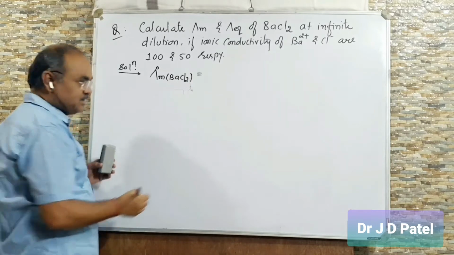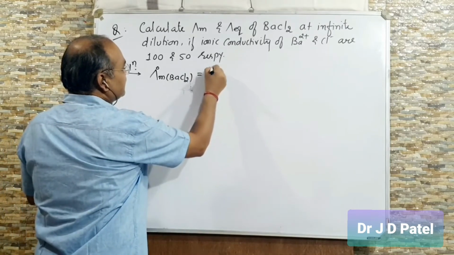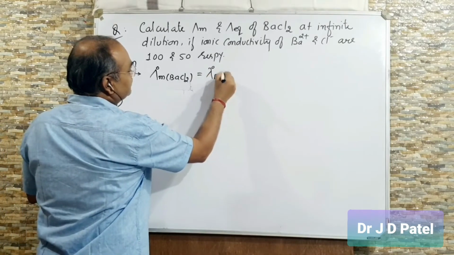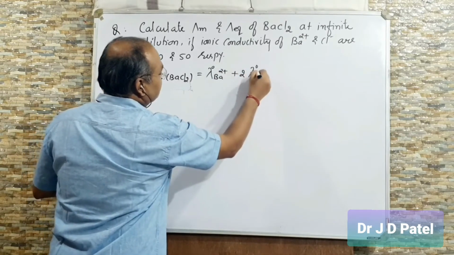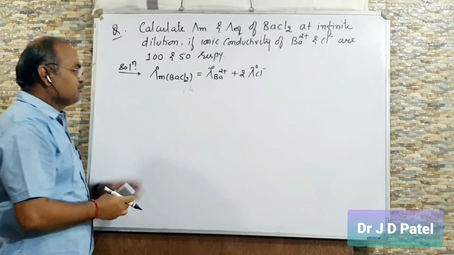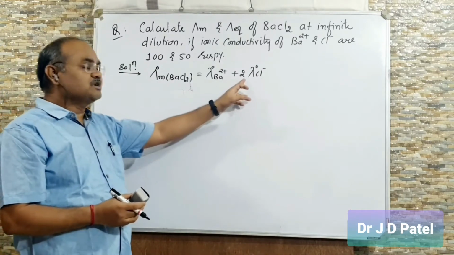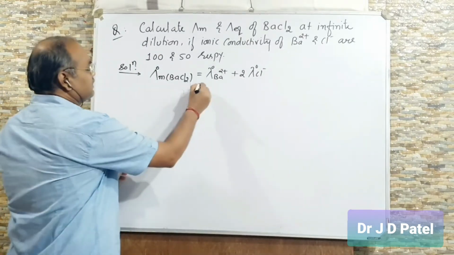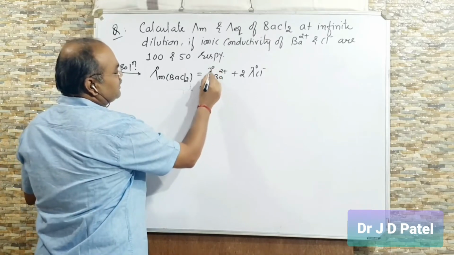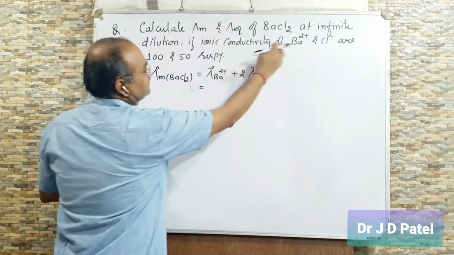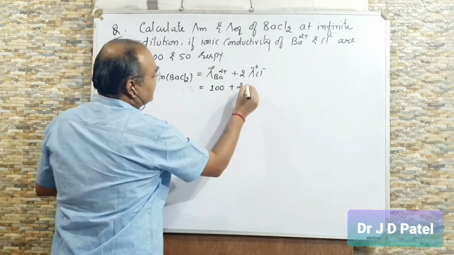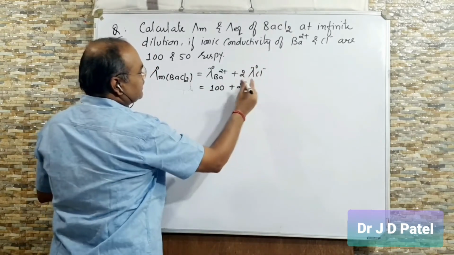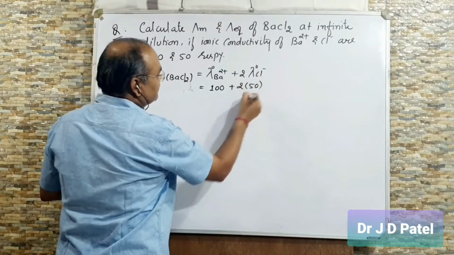Yesterday we have written for NaCl. It will be ionic conductivity of Ba2+ plus 2 times ionic conductivity of Cl minus. Because this is molar conductivity, you have to consider the moles, right? The ionic conductivity of Ba2+ is 100 plus 2 times the ionic conductivity of Cl minus, which is 50.